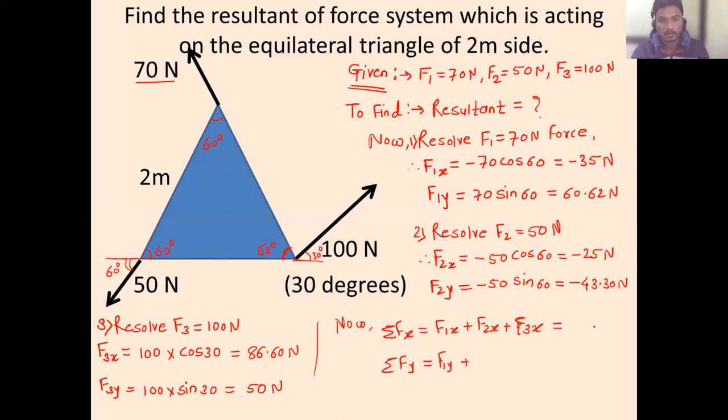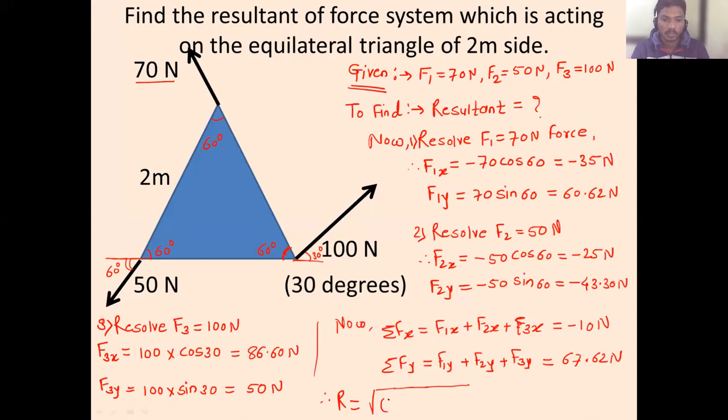Minus 10. Yes. Then F1y plus F2y plus F3y, summation of y. 67.62.